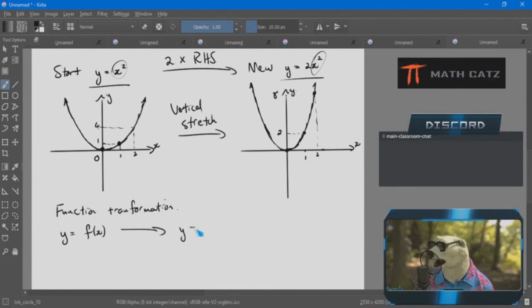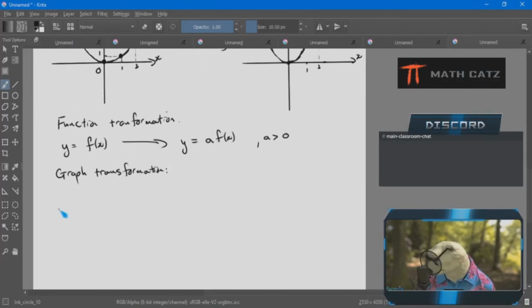And then I am going to multiply it by some positive number. Could be a small little fraction. Could be a large number. What happens to the graph? How it transforms is by way of a vertical stretch or a compression, depending on the size of the number that's multiplied.